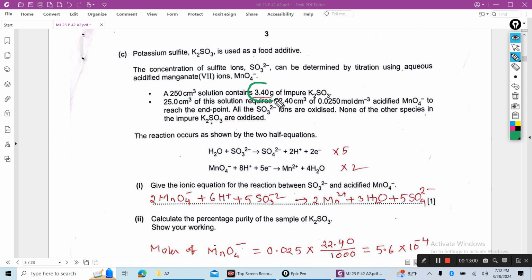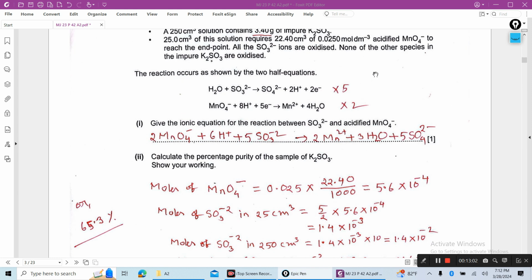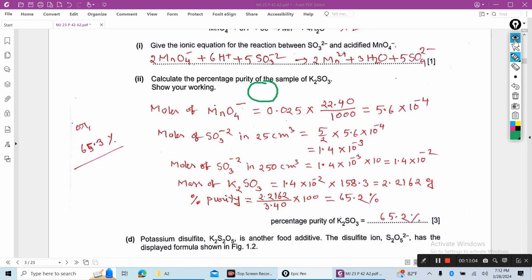Here 3.40 gram is given. So percentage purity is experimental mass divided by calculated mass times 100. You will get 65.2 or 65.3% if you calculate.